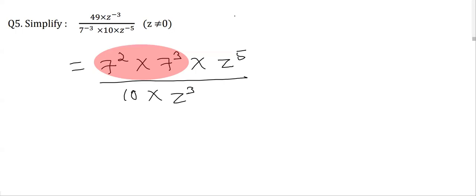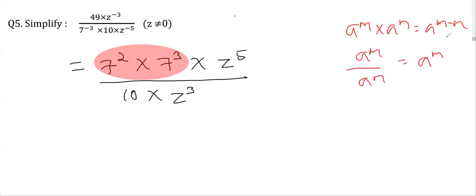and we'll also apply laws of exponents on the other two. So these are the places where we are going to apply laws of exponent. Now, first I'll tell you what are the laws of exponent we are going to apply. Number one, that is a raised to the power m into a raised to the power n is equal to a raised to the power m plus n. The other which I'll apply is a raised to the power m divided by a raised to the power n is a raised to the power m minus n.